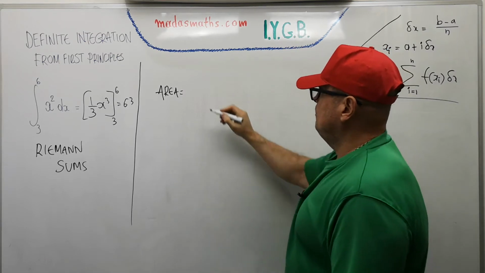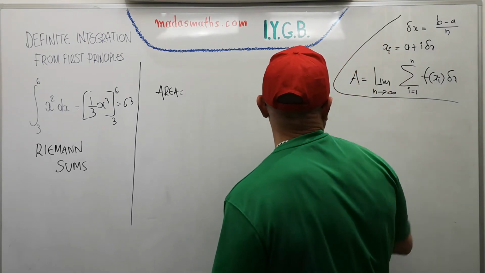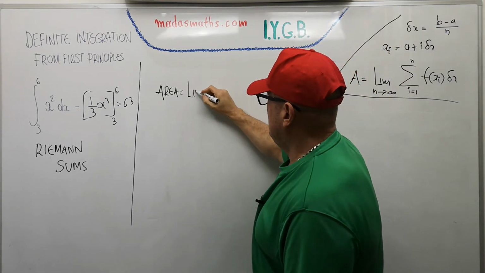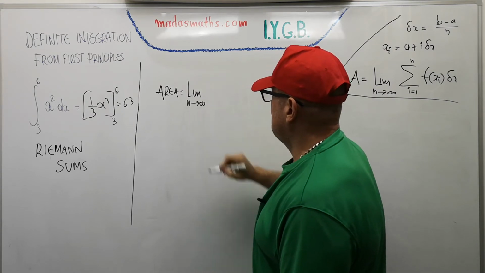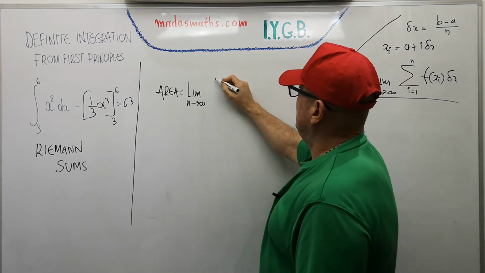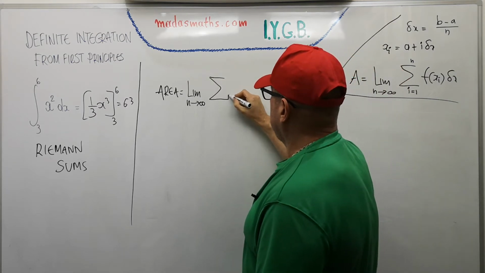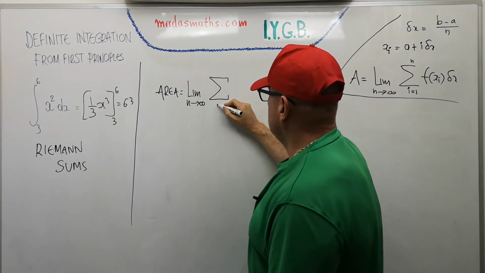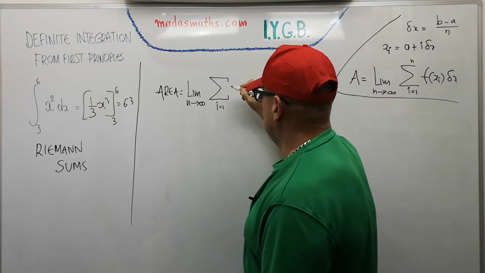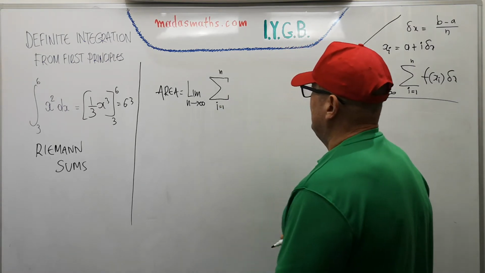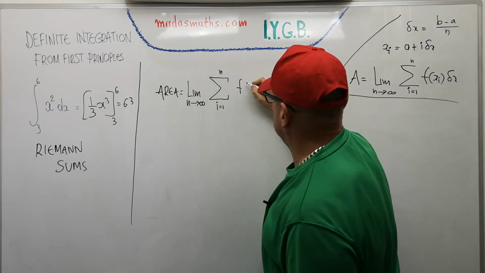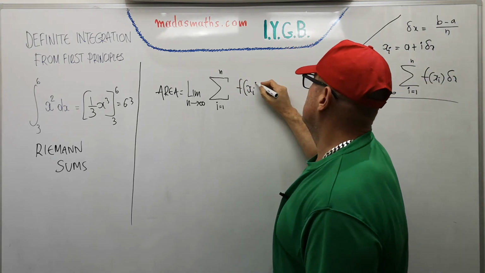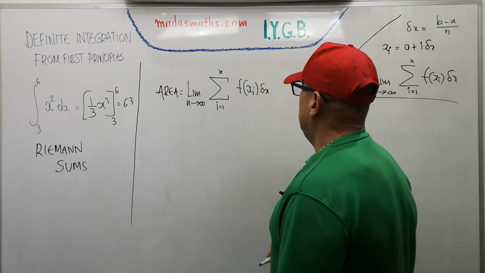Area is equal to, I'll put the limit from the beginning: the limit as n tends to infinity of the sum of all the rectangles, from i equals 1 to n. And I'm just copying that, which is f of x_i times delta x.